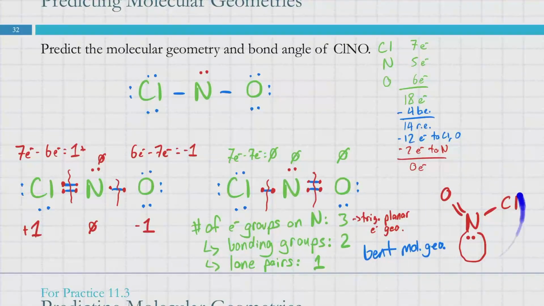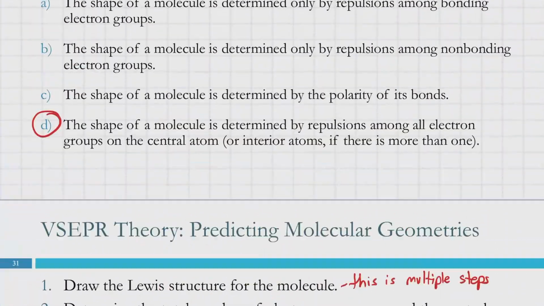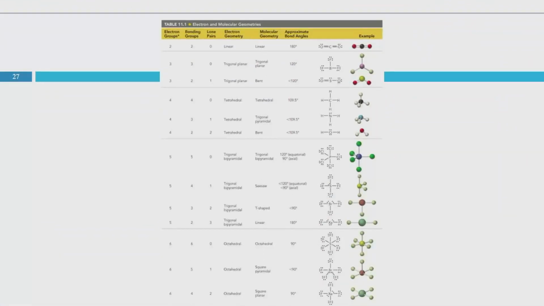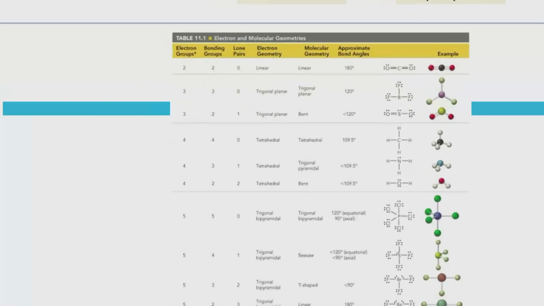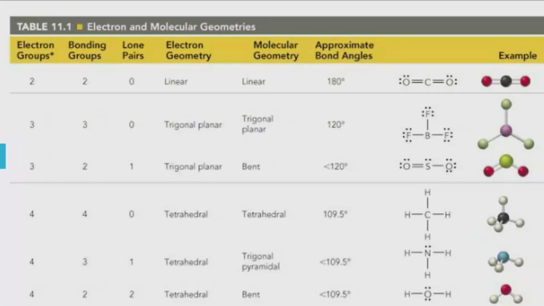What are our bond angles going to be like here? If it was an ideal trigonal planar geometry, what would our bond angles be? We've got 3 of them on a circle. It would be 120 degrees. We can also refer to our table, this one, 11.1. We're looking at 3 electron groups, with 2 bonding groups and 1 lone pair.